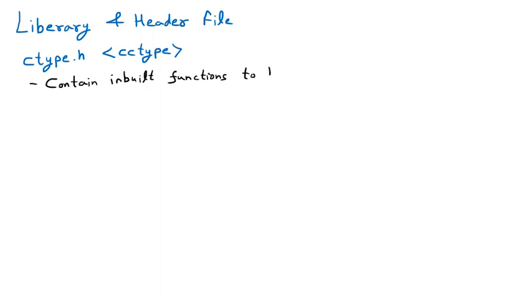We know that we also have a header file string.h that is used to handle strings. String means there are multiple characters together, so there we use the header file string.h. But if I want to deal with a single character, then there is a header file called ctype.h, where we can deal with the characters.